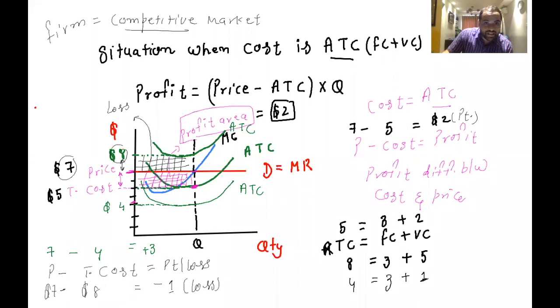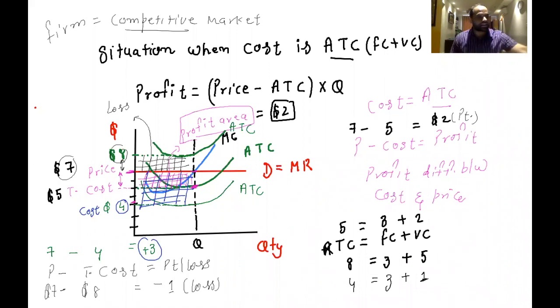So this whole area here is all your profit, from 4 to 7. The difference between cost, which is 4, and price, which is 7. So 7 minus 4, $3, is your profit.